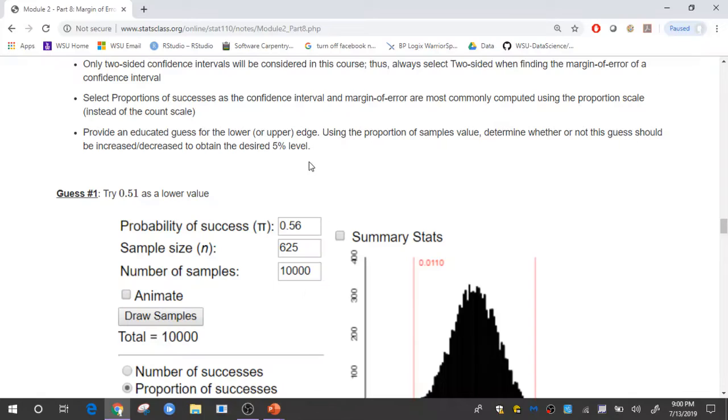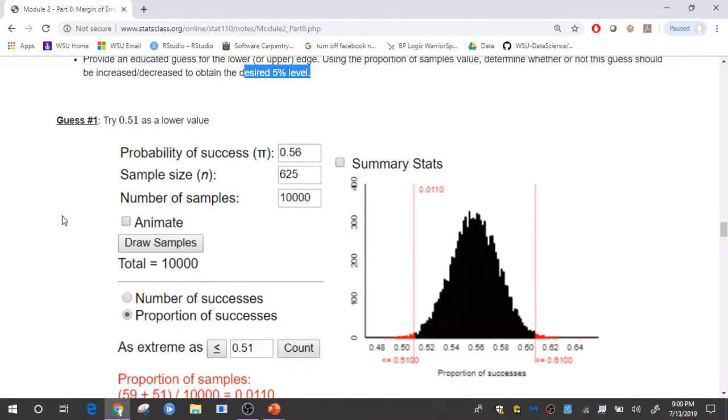And then we just provide an educated guess of where I anticipate that lower edge to be. We're going to have to refine this value, but initially I just provide a guess and then change that in order to get the desired level of 5%. Okay, so let's try guess number 1 here. What I'm going to do is put in my 56% here, 625 in my sample size.